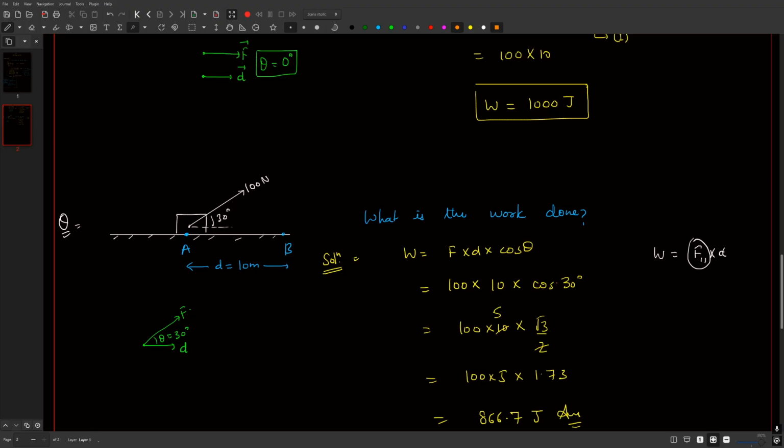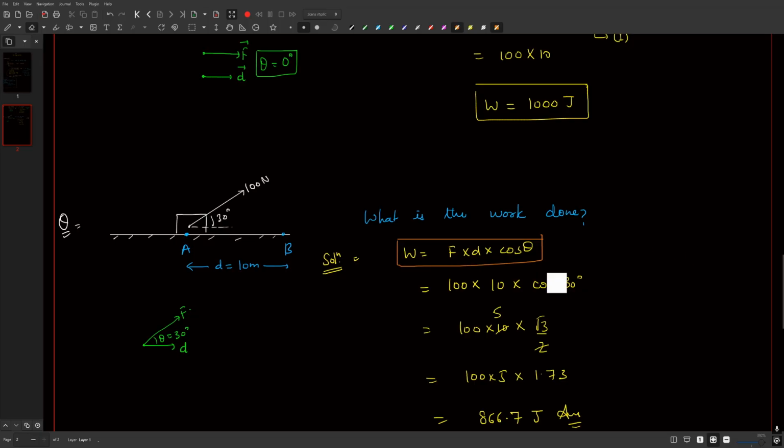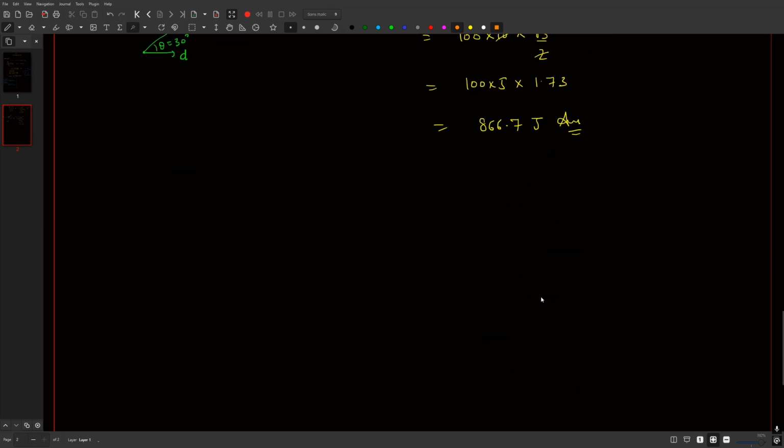But this expression allows us to simply substitute the value of theta and then get the answer. No need to resolve the vectors every time you are dealing with a force acting at an angle. All right, let's do another question.